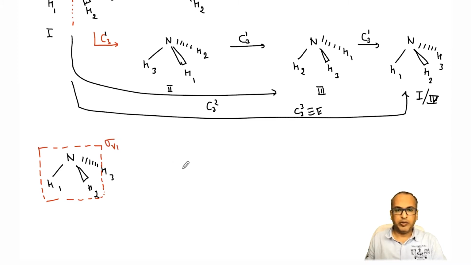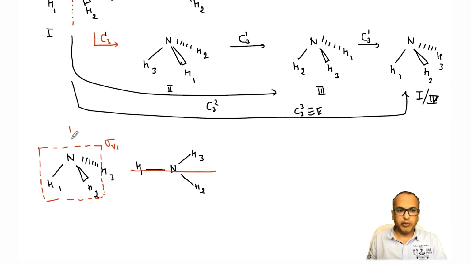Now if I'm looking at the molecule from the top, I can draw it like this. It is very important to understand it correctly. This is 1, 2 and 3, and now I'm looking from the top, so my plane would appear as a line to me.